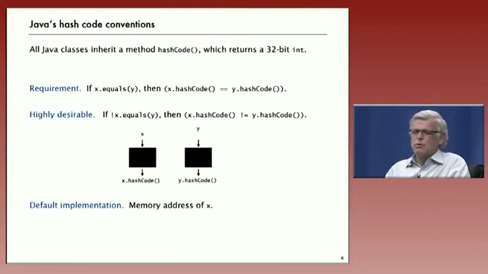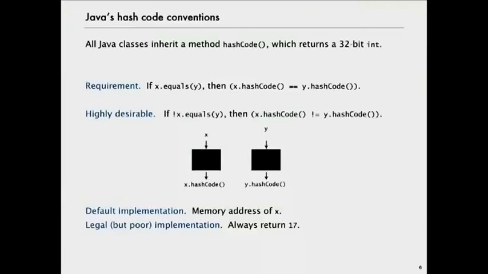So usually we'll do some more work to try to make that happen. As far as the rules go, you could always return 17. That's legal. It doesn't have this highly desirable attribute, but everything would compile. So you have to be a little careful that somebody isn't in there doing that.